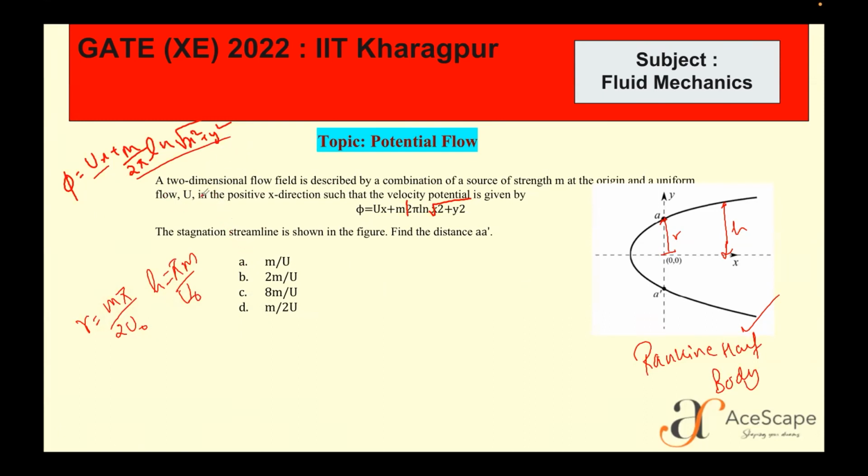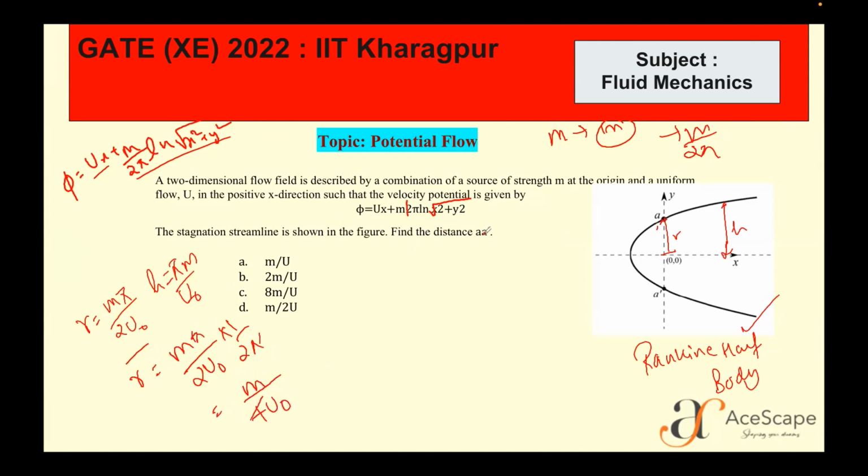The only difference is that here our source was just M, but now it is M by 2 pi, so we multiply by 1 by 2 pi. So our R becomes M pi by 2 U naught into 1 by 2 pi. R is this distance, and this comes as M pi cancel by 4 U naught.